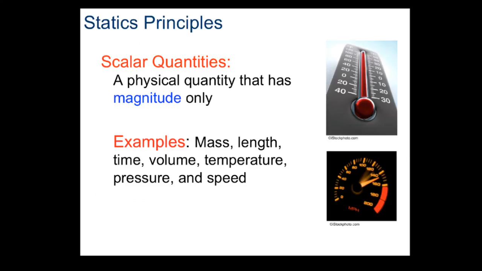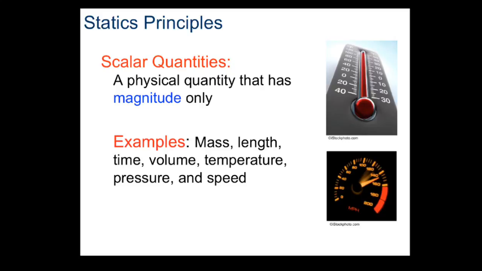So we're going to be talking a lot about force vectors. They're like arrows telling which direction a force is being applied. When we talk about forces, we'll talk about scalar quantities and vector quantities. Scalar quantities are pretty much just numbers.